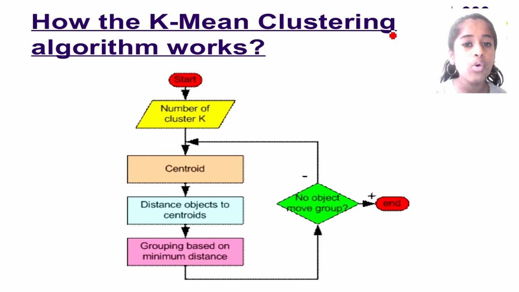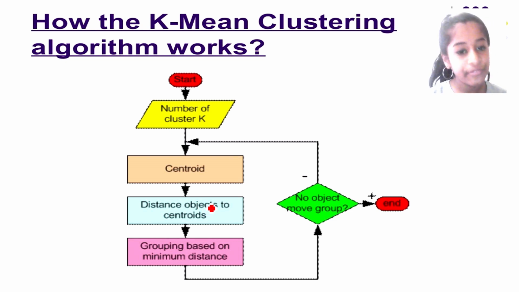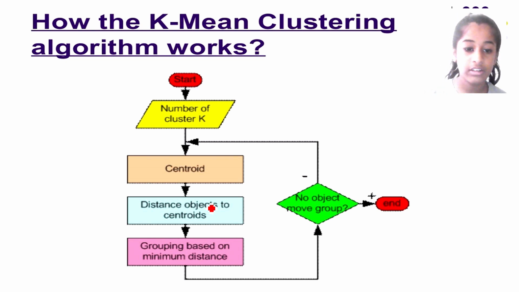So how does K-means clustering work? First of all, we take the number of K clusters, the number of groups we need. Then we get the centroid from it. From every cluster we need to get a centroid, and after that we get the distance of objects to centroids.